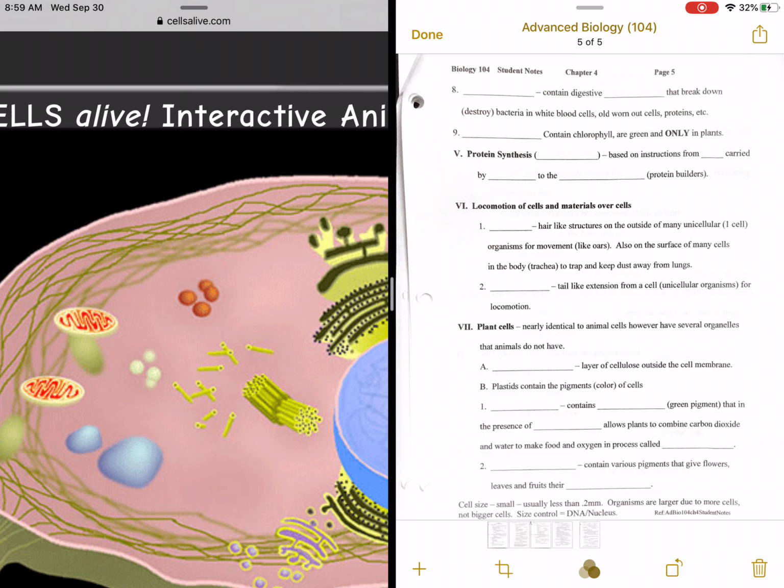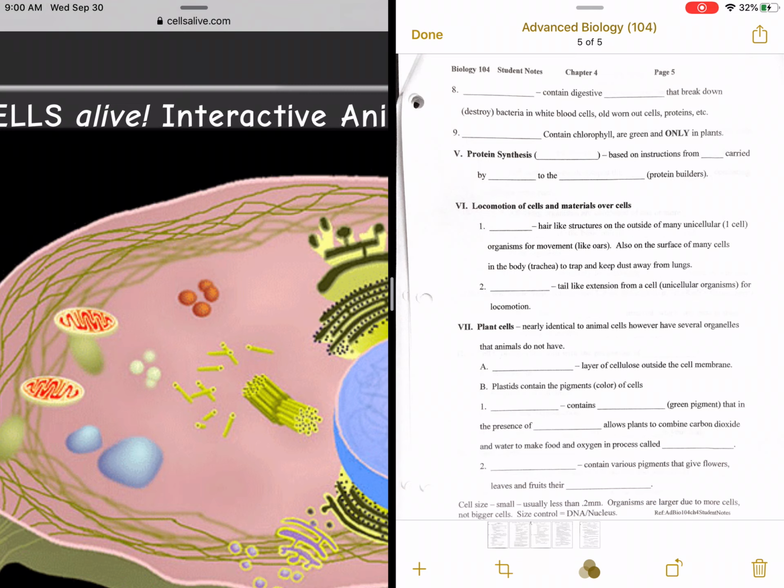So if you have a Venus flytrap, for example, in good soil, it's not going to need to eat as many insects. But because of where they evolved, they need to do that. So they would have some lysosomes where most plants would not. So lysosomes, again, contain digestive enzymes that break down or destroy bacteria in white blood cells, or they break down old worn out cells or proteins, etc.